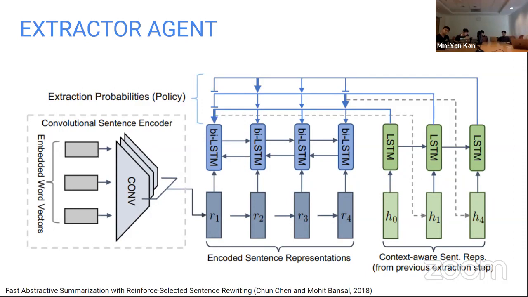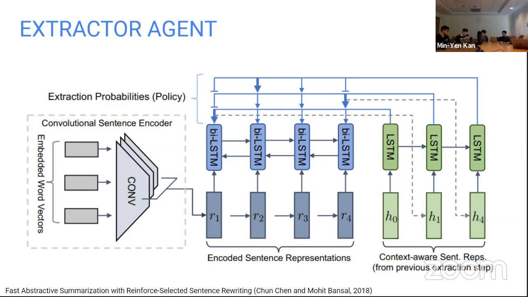Whenever the system goes above the number of sentences compared to the ground truth, they penalize the system, and if it's under, they reward it for every new sentence the system generates. So it's basically learned through the model.